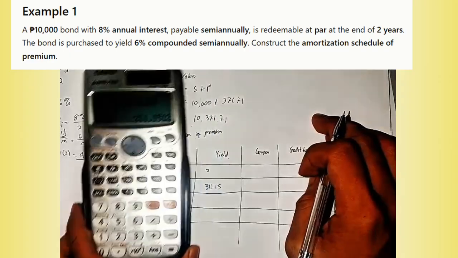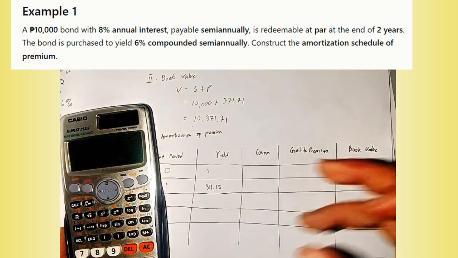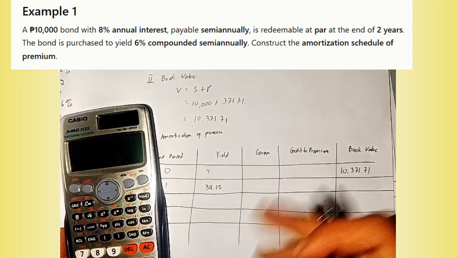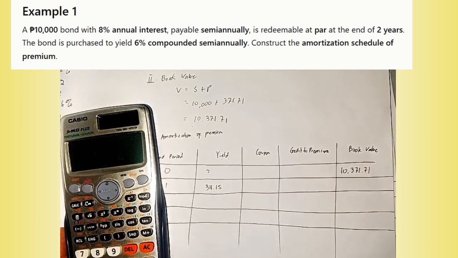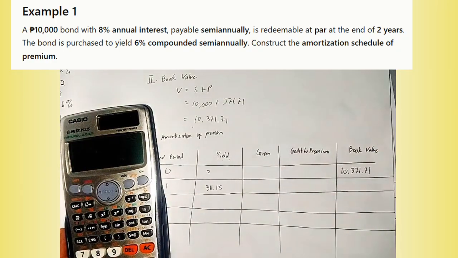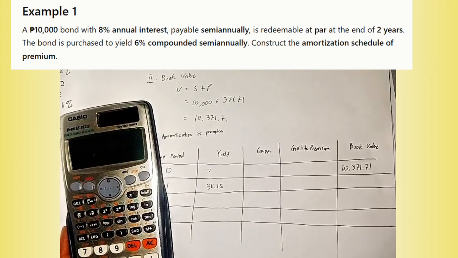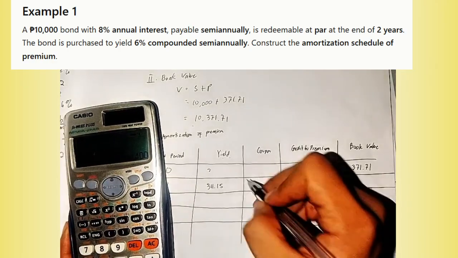Coupon is F times R. In the amortization of premium, the face value is equal to the redemption value. So we have 10,000 times R, which is 0.04, so we have 400.